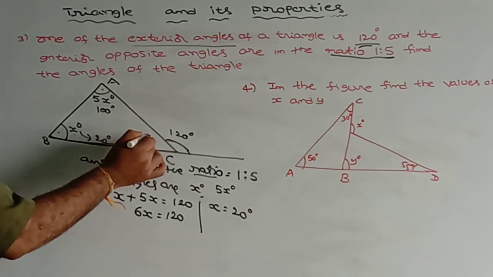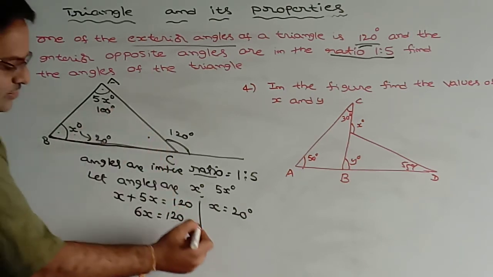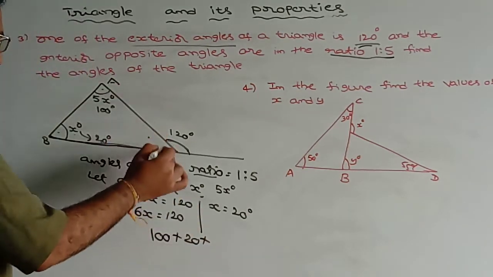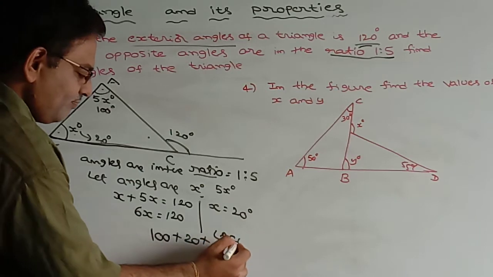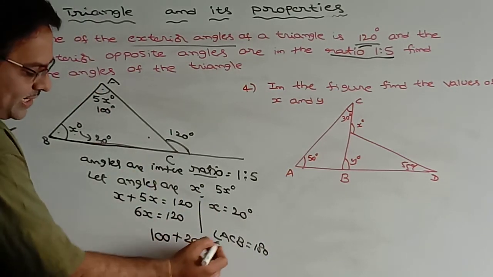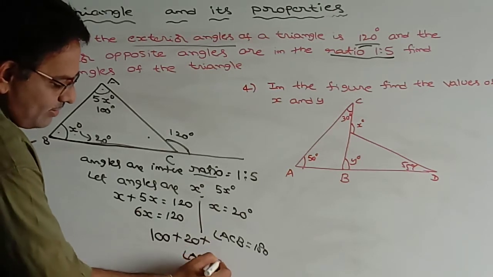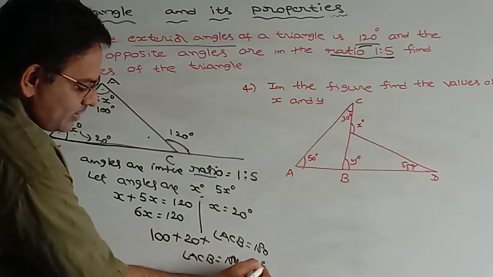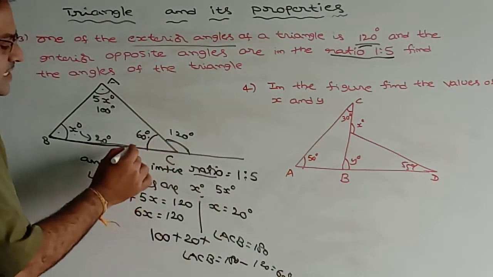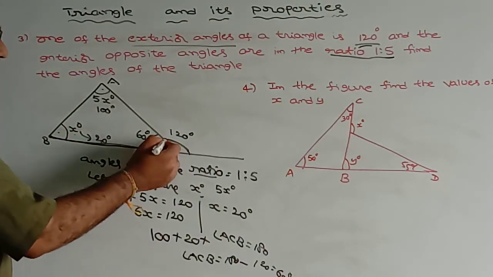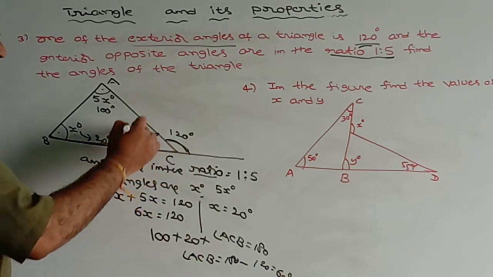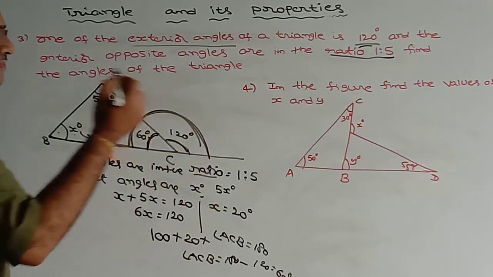Now 100 plus 20 plus angle ACB equals 180. Therefore angle ACB equals 180 minus 120, that equals 60 degrees. Otherwise, one more concept: this is 120 degrees, so this is automatically 60 degrees because this is a linear pair.